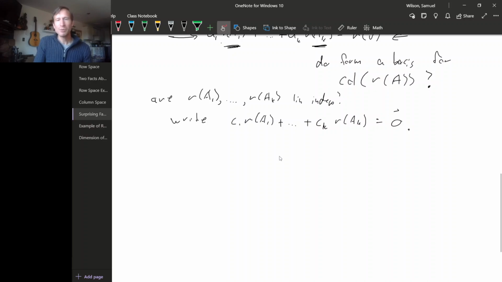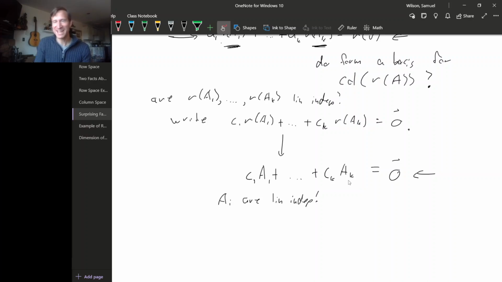All right, so what we can do is undo the row operation R, and that gives us c1A1 plus dot dot dot plus ckAK. And what happens when we undo this row operation with the 0 vector? Well, if you do a row operation to the 0 vector, you get the 0 vector, right? But we know that the A_i are linearly independent because we cooked them up that way.